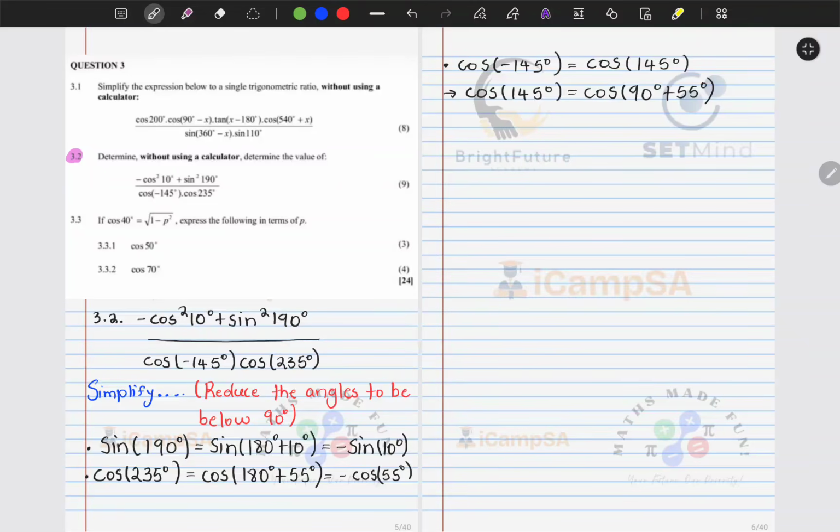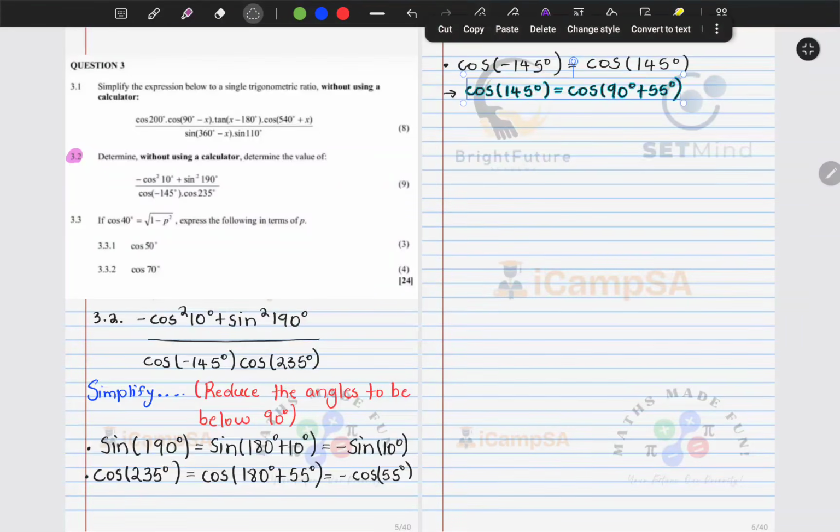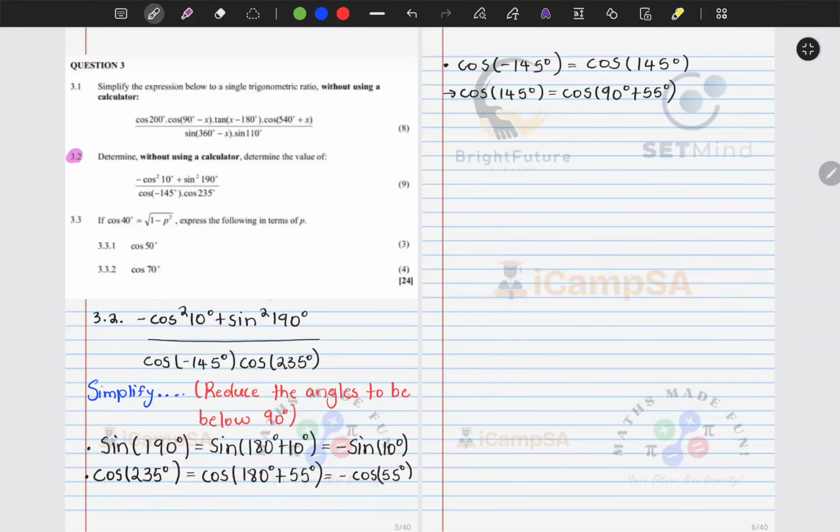Okay, and if you have cos of 90 degrees plus 55, cos is negative in the second quadrant, so this means our answer becomes negative sine of 55 degrees. Okay, that is what we have. So now, all things considered, we have reduced this to a form that we can work with.